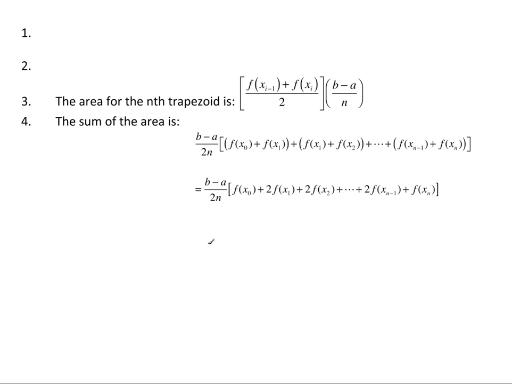So basically the idea is, like I just said, I'm going to partition this function, or the domain really, into n equal subintervals.